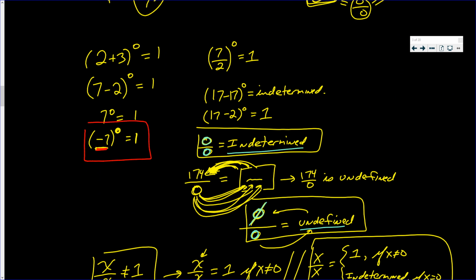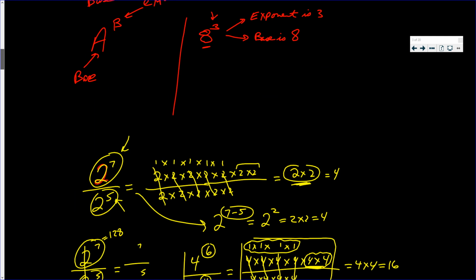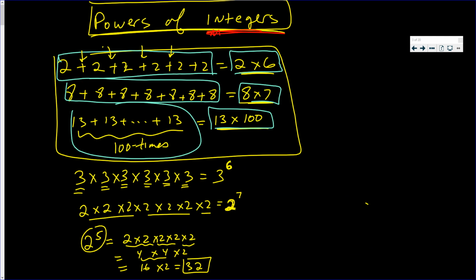That number is not a whole number, but I'm raising it to a power. So to make this part of this section, I changed it so that the base can be an integer. -7 is an integer. That is why I put integers here.